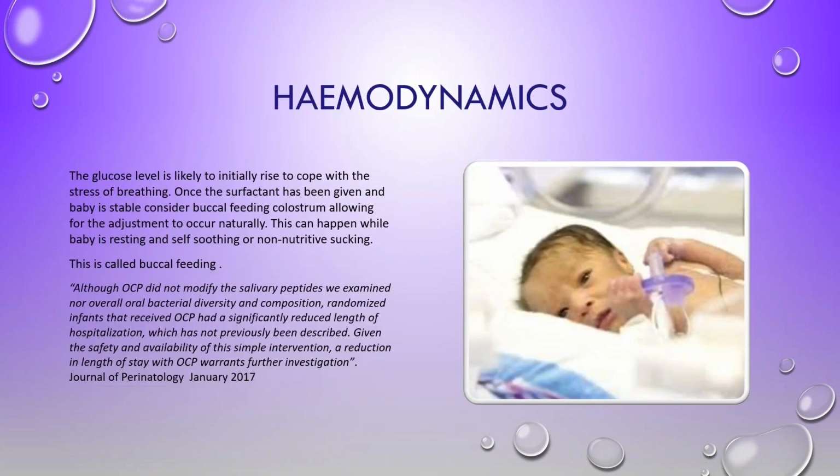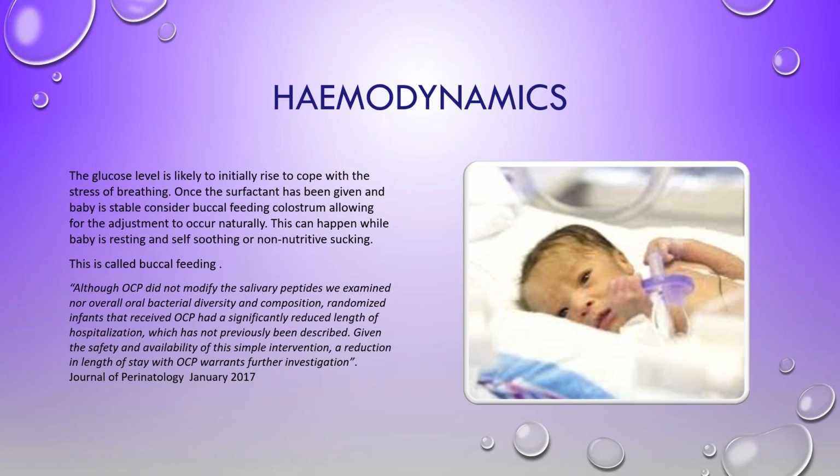Hemodynamics: the glucose level is likely to initially rise to cope with the stress of breathing. Also, it is the cortisol effect. Cortisol will stimulate the release of glucose. So these children often run a higher glucose rather than a lower glucose.